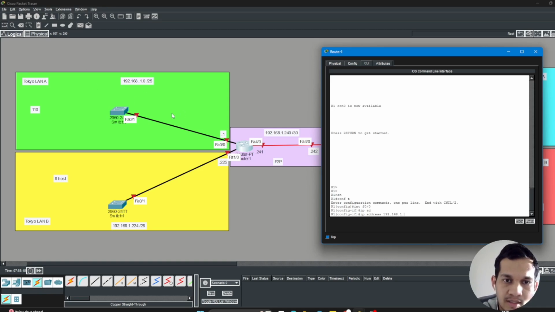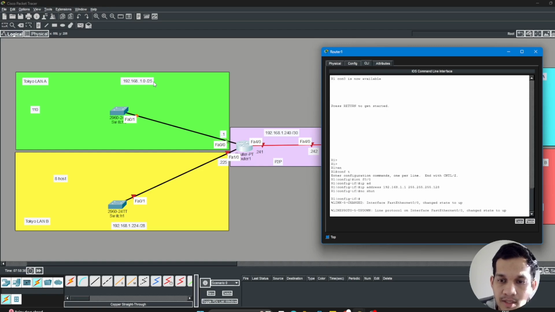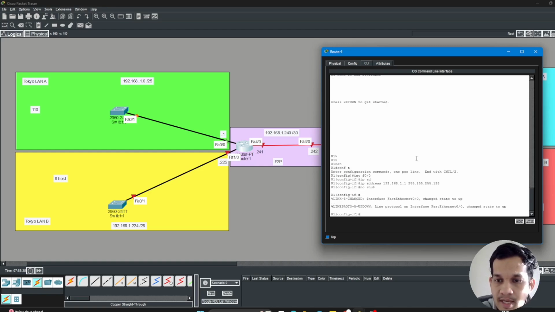Since the interface is in this network, I'll allocate it as .1, and then /25. /25 means 255.255.255.128, and then do no shut on the interface. So that's why I made you practice the slash subnets in the previous slides.